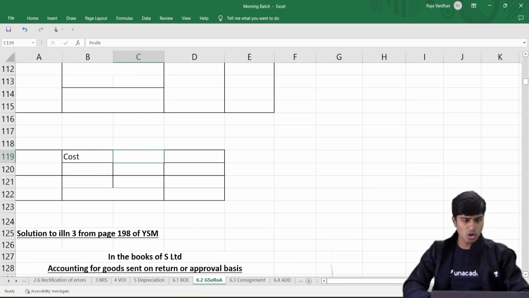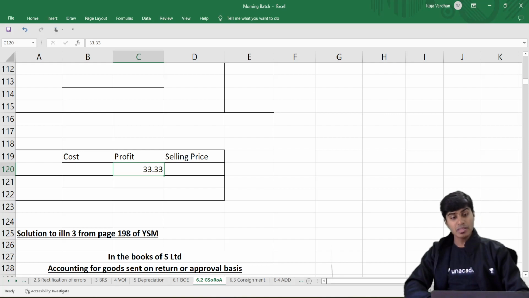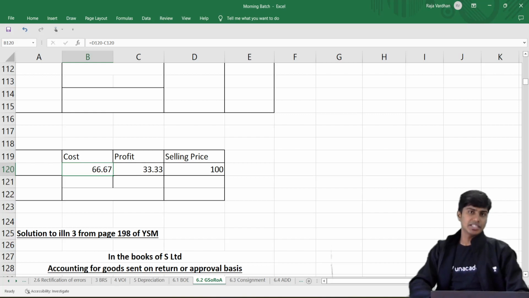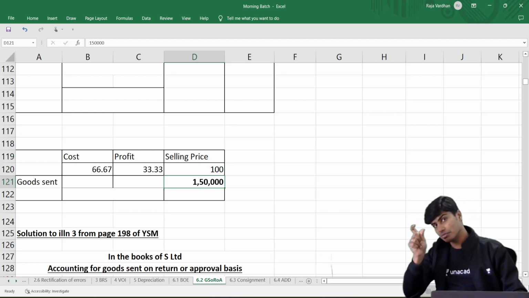Let's quickly do some math now. Tell me how much is the cost, profit and selling price. Profit is 33.33. This time selling price is 100 because profit as a percentage is given on selling price and the cost would become 66.67 being 100 minus 33.33. In this case, goods sent is 1,50,000 worth, meaning 1,50,000 is the selling price.